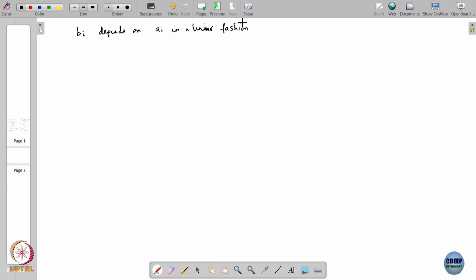Now, what this means is, let's suppose that you compare the true value b_i with the value of a linear function of the features, which is denoted like this: a_i transpose x. Okay. a_i transpose x. So, this is a linear function of the features.